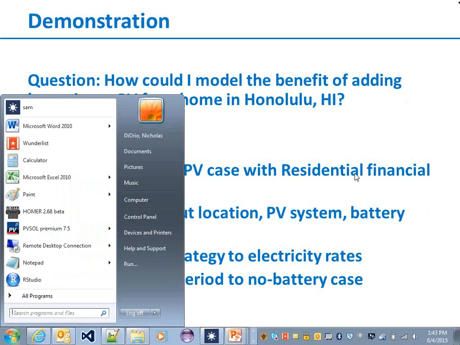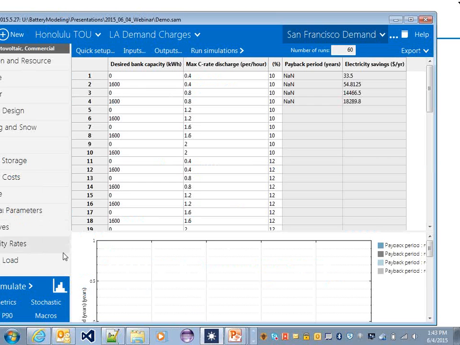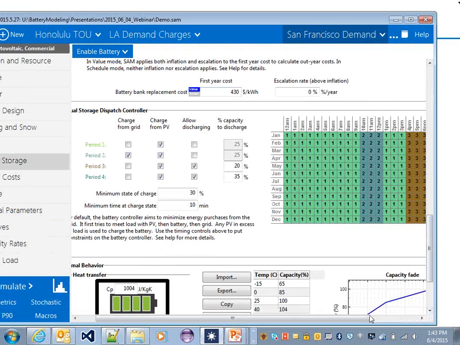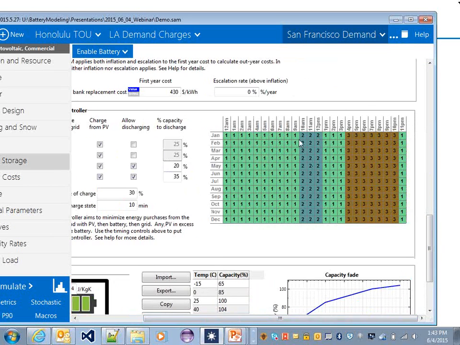Can you do different dispatch schedules for the seasons? Yes, via this dispatch page, I made a very simple dispatch strategy over the whole year, but you could imagine that here in the winter, maybe you'd have a different period, maybe a period 4.